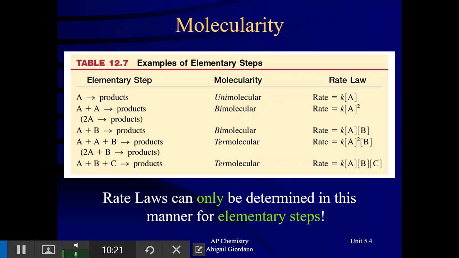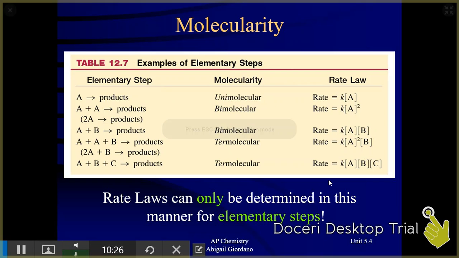The prefix bi means 2. So look at the examples. What's on the second line here, you might say, well, that only has 1 reactant as well, but molecularity refers to the number of moles that are reacting. Since there's 2 moles reacting, we call that a bimolecular elementary step.